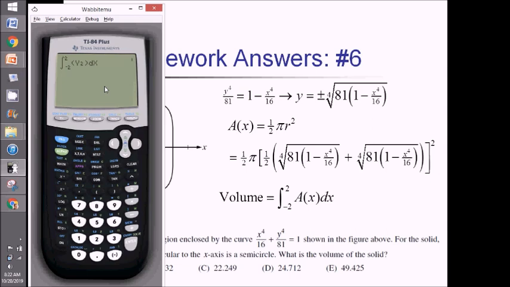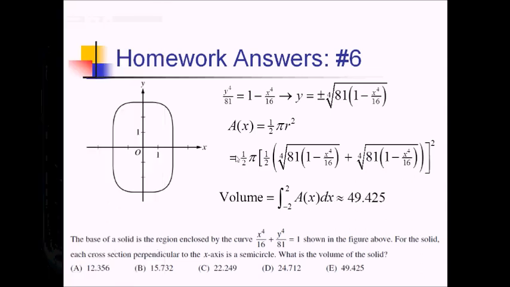It's asking, what did you just do to me? That's all right, calculator. I have faith in you. So I actually did another like 20 seconds of waiting off camera, but eventually it gave me an answer, 49.425. That's one of those don't stop believing moments. And then we've got choice E that matches that.